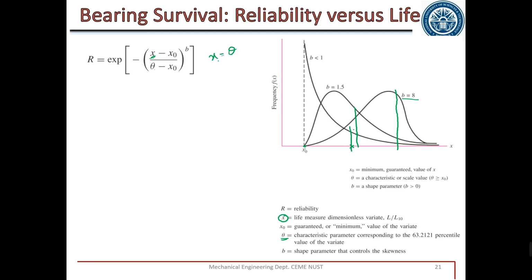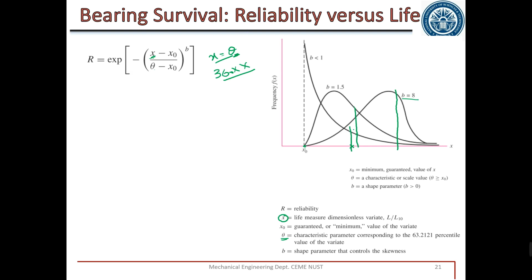Substituting x equal to theta will give you a value of almost 36 point something. It means that for x equal to theta, you will have a reliability of 36%. It means that only 36% of parts can survive this magnitude of load, or this magnitude of anything.